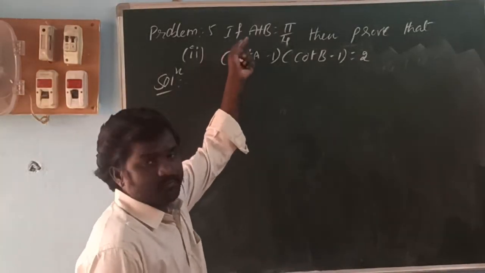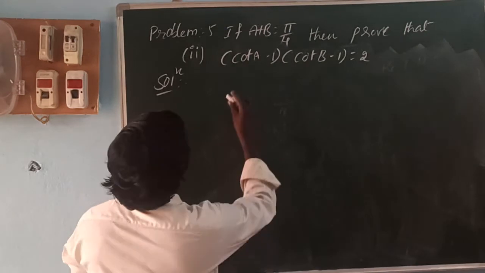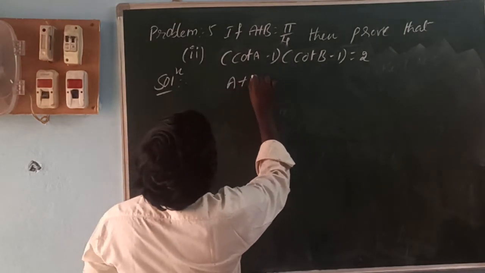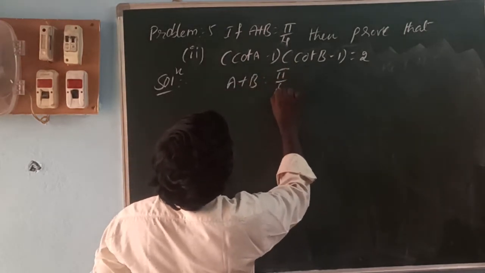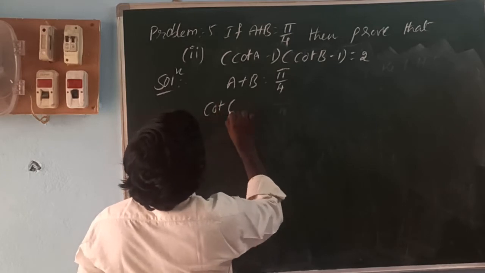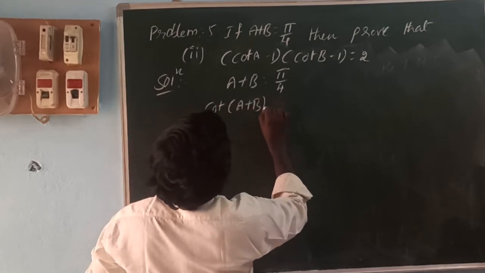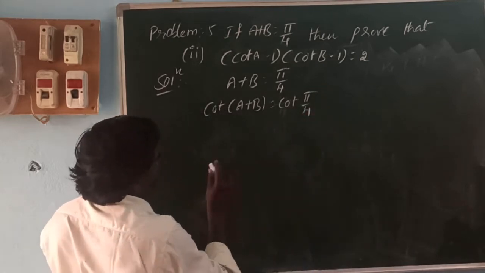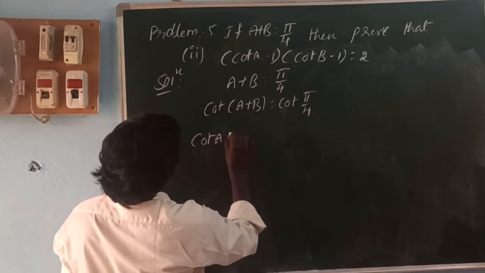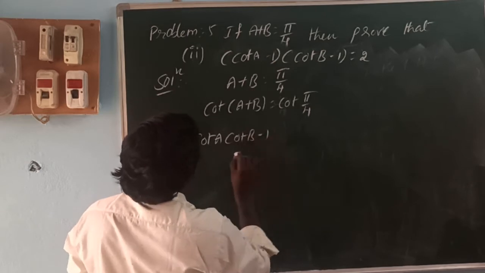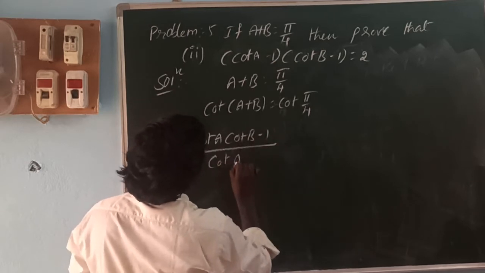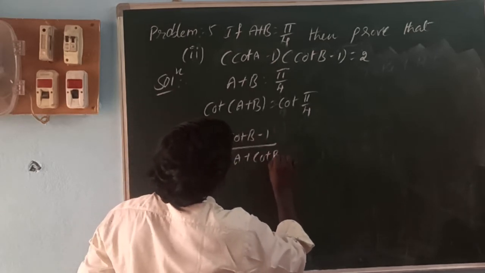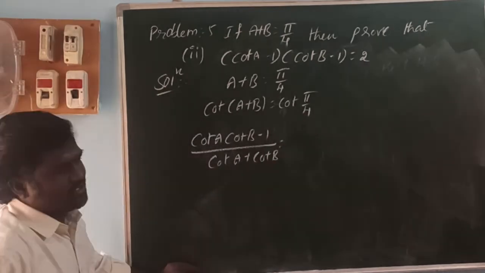Next one, the second one. If a plus b is equal to pi by 4, here apply the cot ratio on both sides. That is cot of (a plus b) is equal to cot of pi by 4. So what is the cot of (a plus b) formula? Cot a cot b minus 1 by cot a plus cot b. So cot pi by 4, pi by 4 is how much? 45.